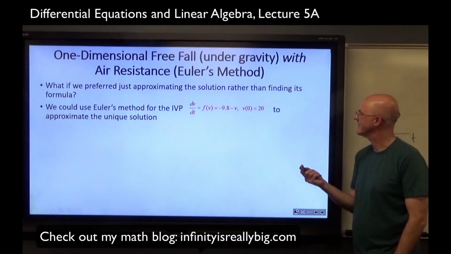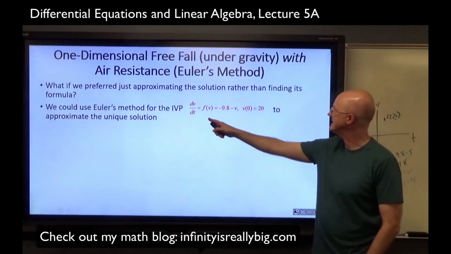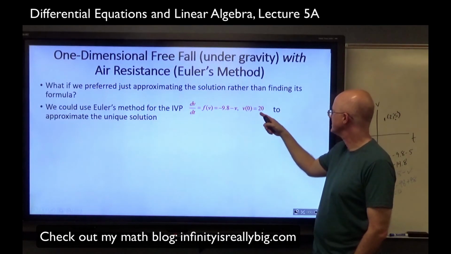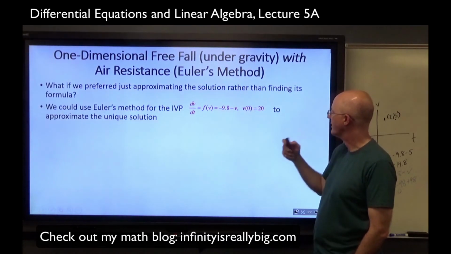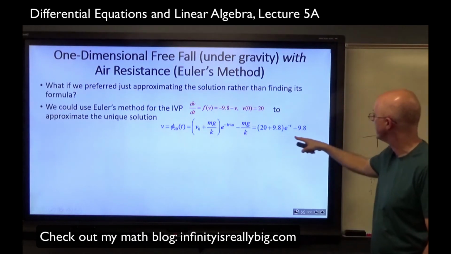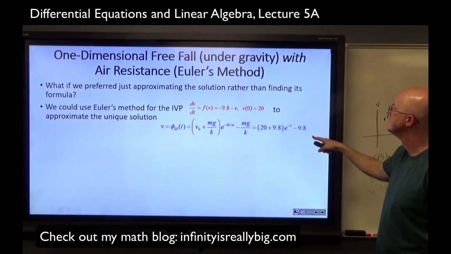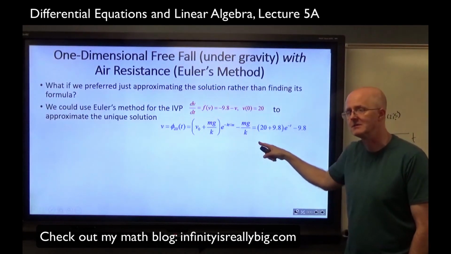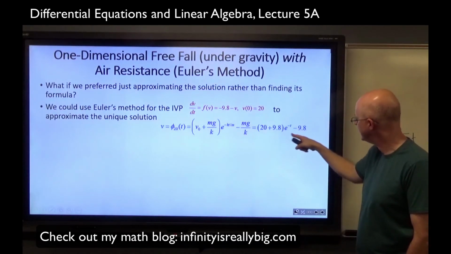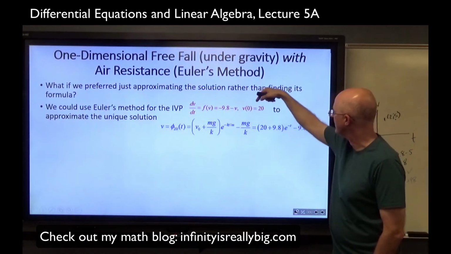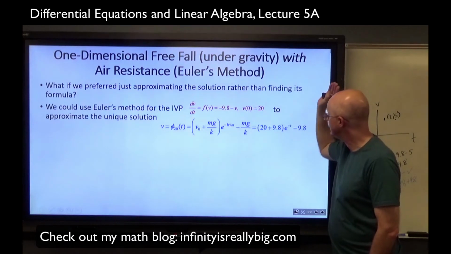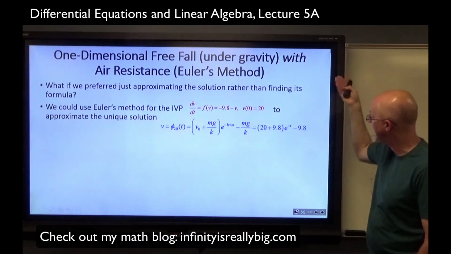We can use Euler's method on this initial value problem, dv dt is negative 9.8 minus v, this autonomous differential equation, v of 0 is 20, same initial condition, to approximate the unique solution, which we do know the formula for, and we can simplify the formula for. So I am telling you the answer. This function right here is the unique solution of this IVP, where I pick v0 to be 20. g is still 9.8, m is still 1, k is still 1.